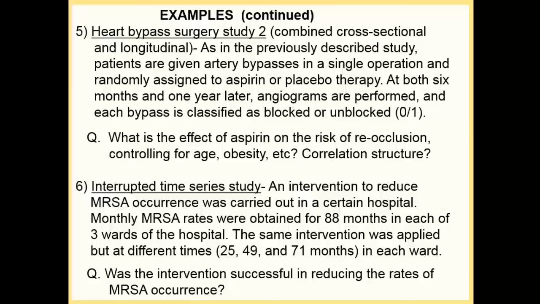After month 25, there was an intervention, right? So if you wanted to define that variable, one way to do it is to say it's 0 up until month 25, and then changes to 1 afterwards. That's when the intervention starts, and that's the main variable of interest. You want to see if that variable shows some kind of a change in what happens when you look at the MRSA rates, or the curve of the rates, or the plot of the rates. Okay, what kind of a variable is that?